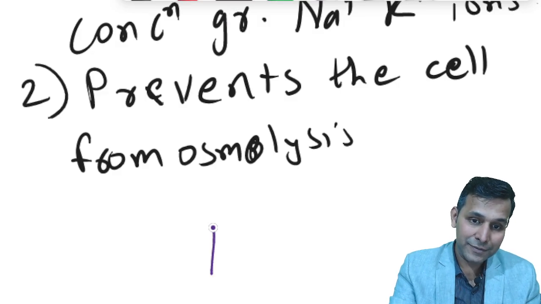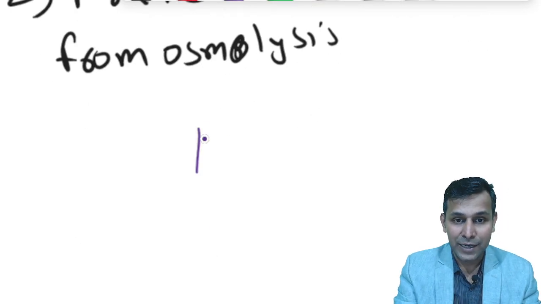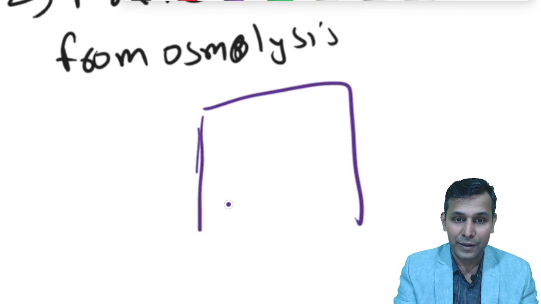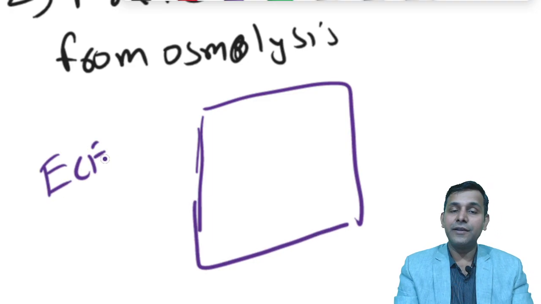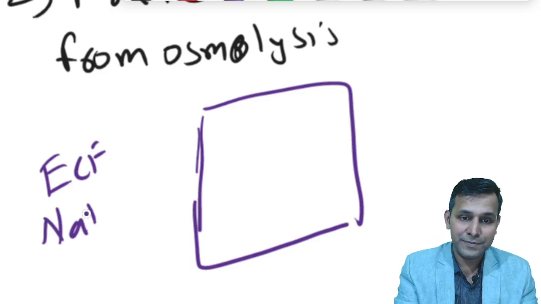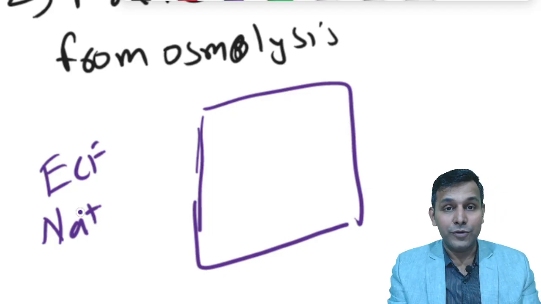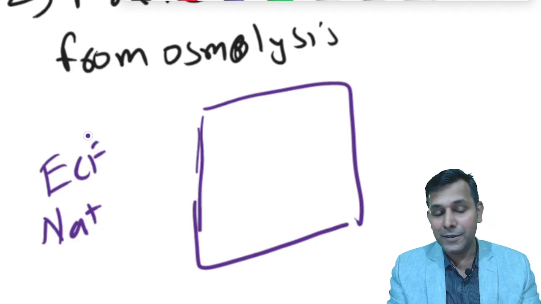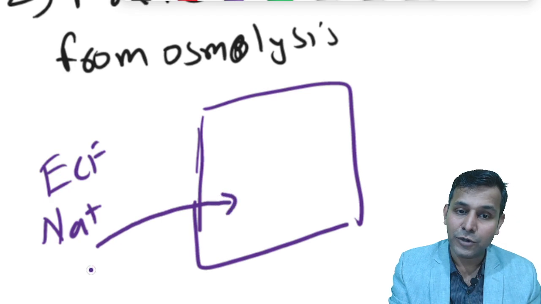So what happens? The cell is surrounded by ECF, and the ECF contains a higher concentration of sodium ions. The diffusion, as I told you, is something we cannot prevent, so the sodium keeps on diffusing from outside to inside.